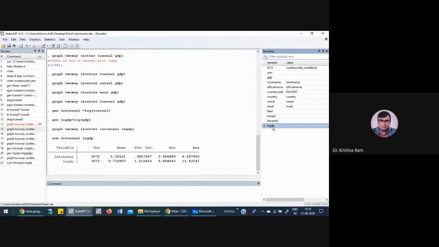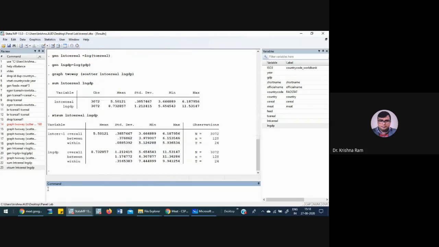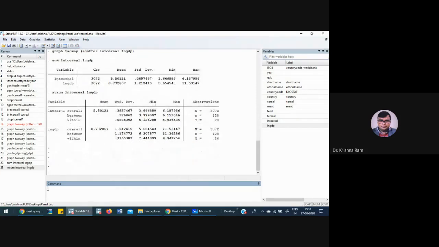So this one, the summary command, gives a simple summary statistic as usually gotten in a cross-sectional data set. But when we type xtsummary, we are getting mean, standard deviation, minimum, maximum value.